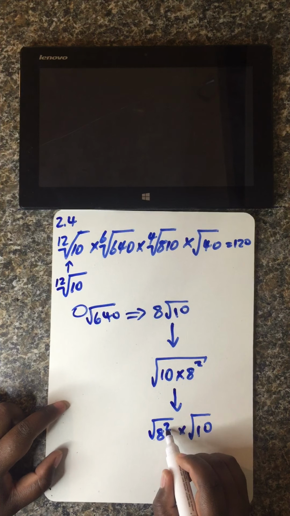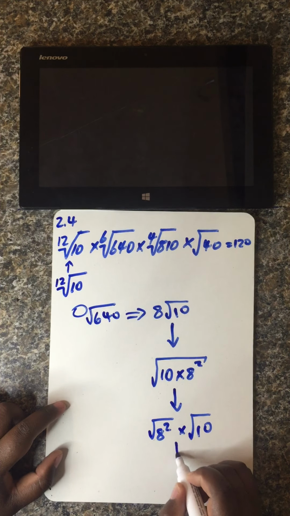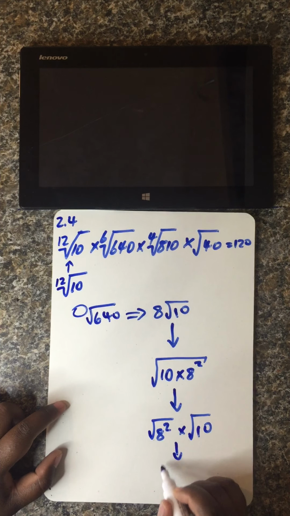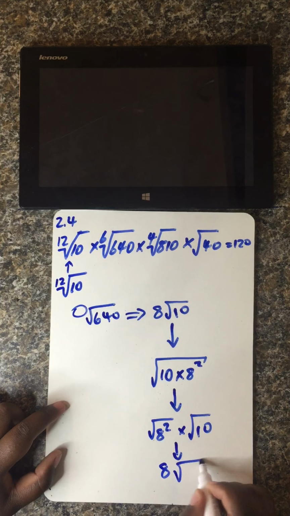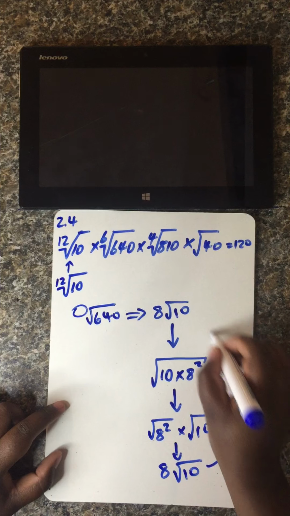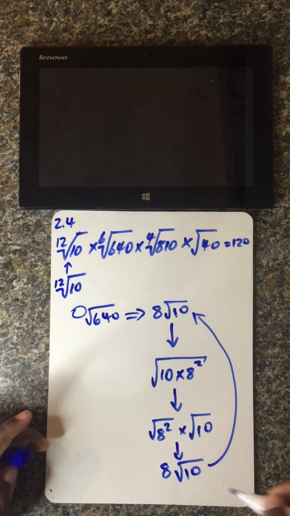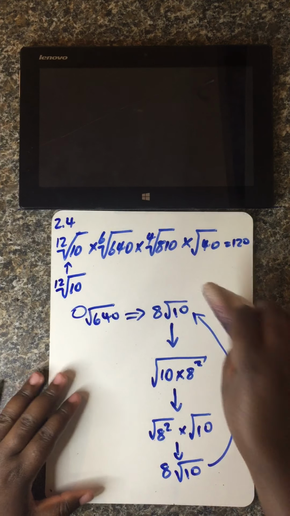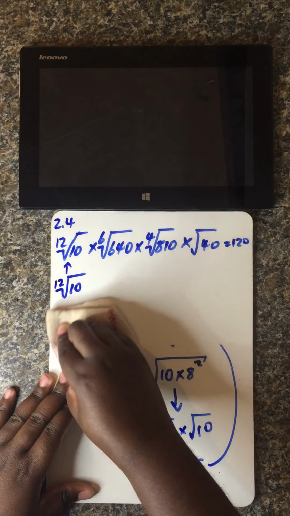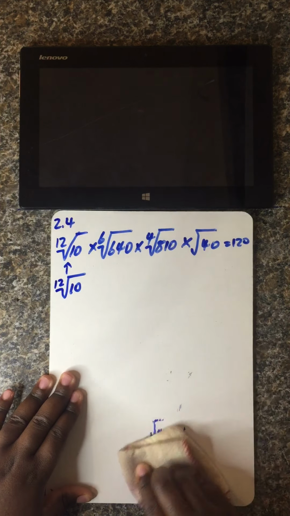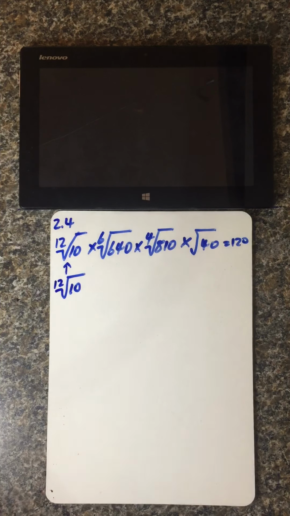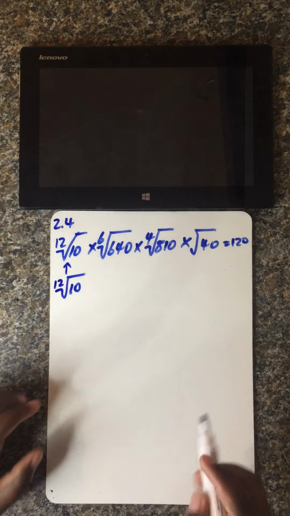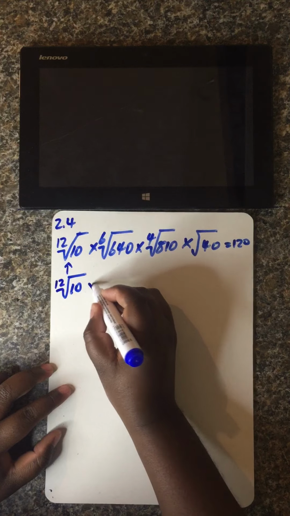Remember, because of that squared, it removes that square root. That's why you remain with 8 square root of 10. Very, very much important. If you fully understand this part, then you are done with this question. As soon as you see how I solve that question, you will be very much excited. I can promise you that.